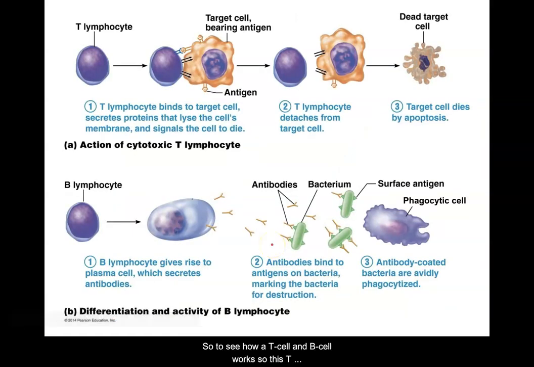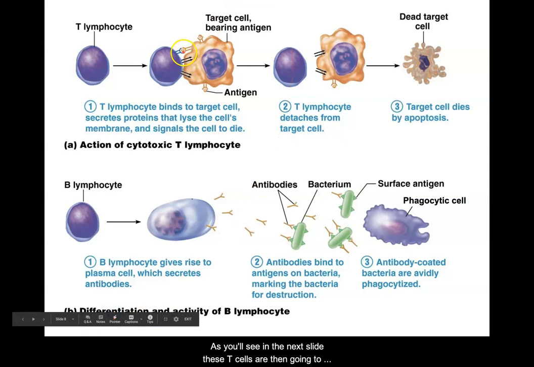To see how a T cell and B cell work, this T lymphocyte has been activated by the T helper cell, and it is going to bind to a target cell. That target cell bears the antigen that's part of the harmful substance in the body.